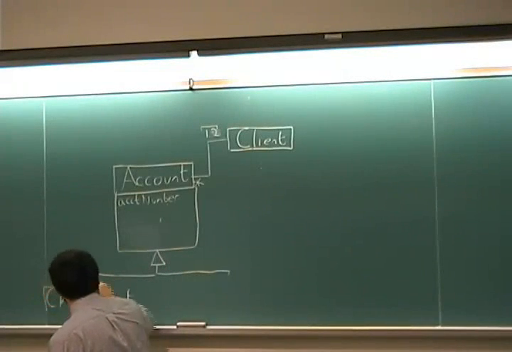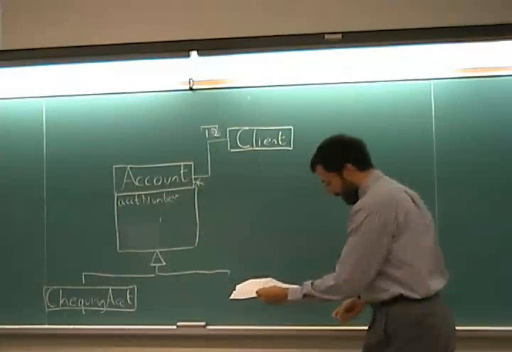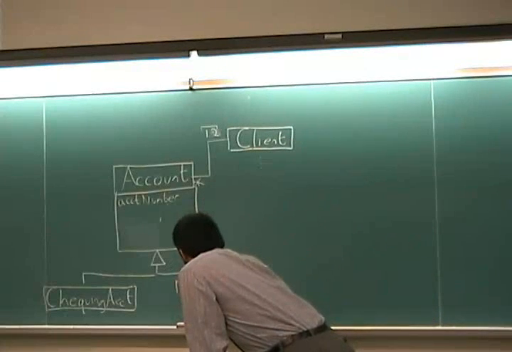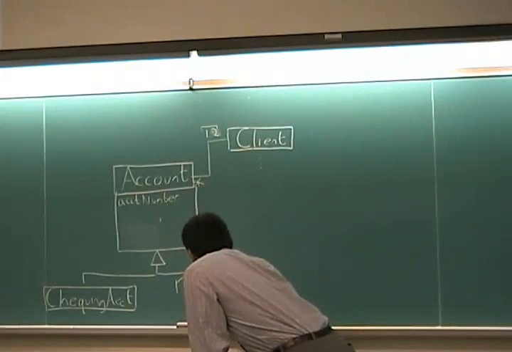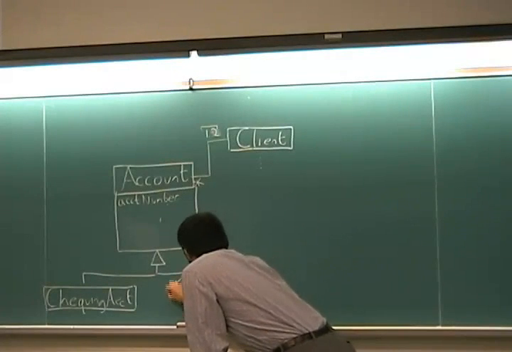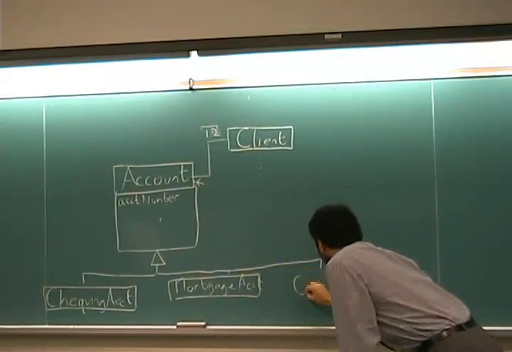You can spell it in the American way or the British way. Chosen the British way here. We've got mortgage account. Okay. And we've got credit card account.